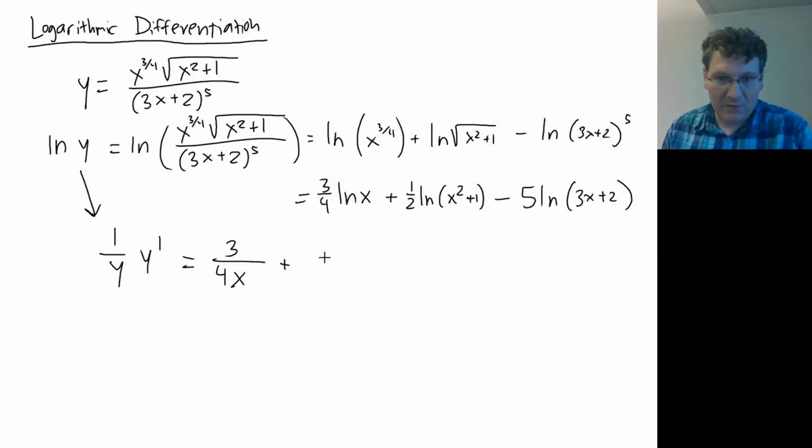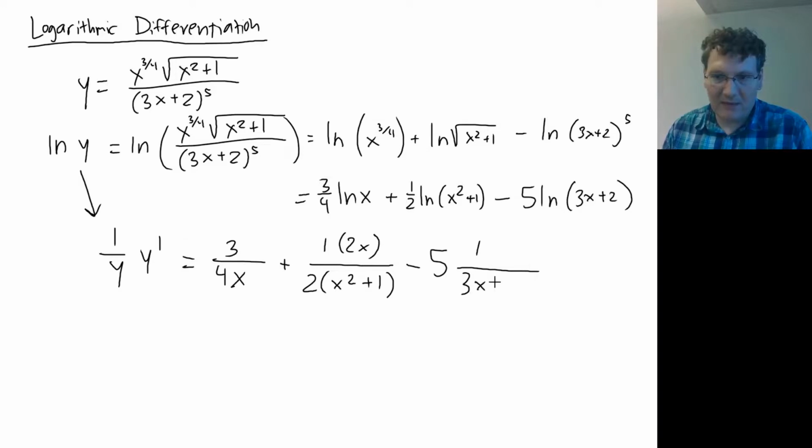Plus we have 1 over 2 times x squared plus 1, times the derivative of x squared plus 1, which is going to be 2x. And then we have minus 5 times 1 over 3x plus 2 times the derivative of 3x plus 2, and that's going to be the number 3.